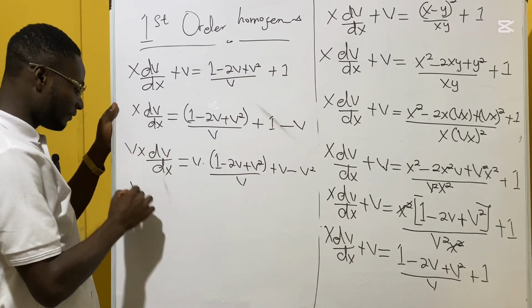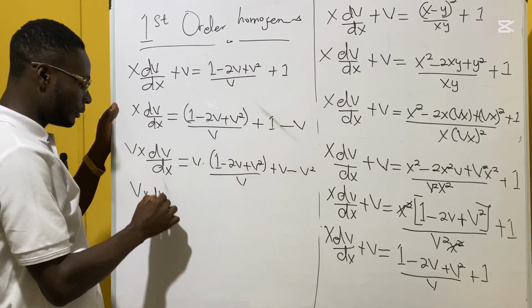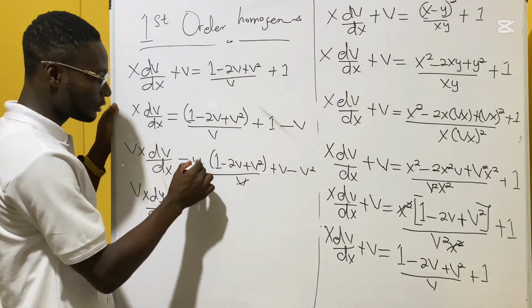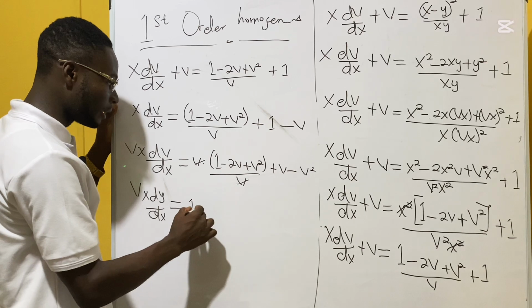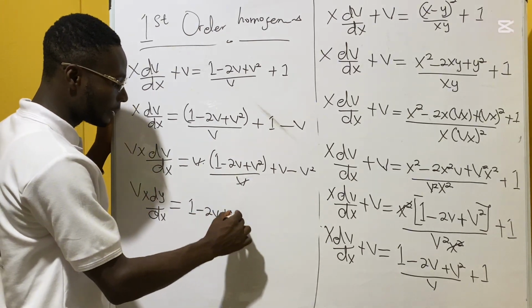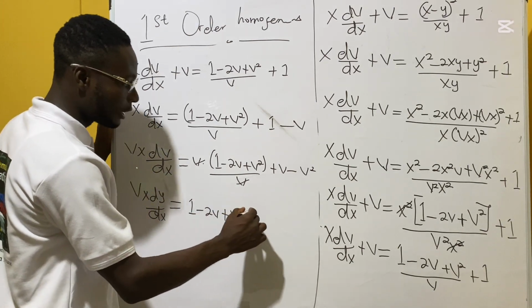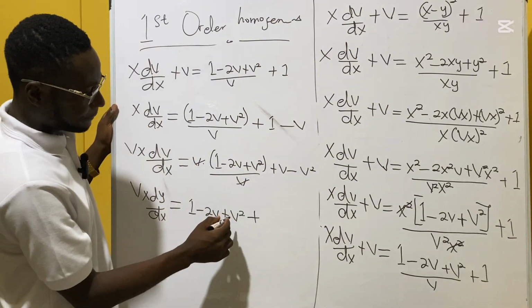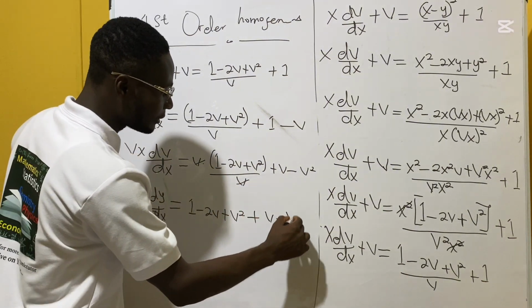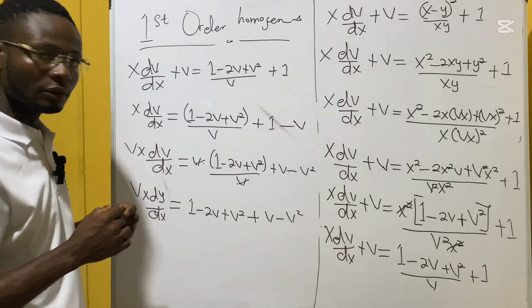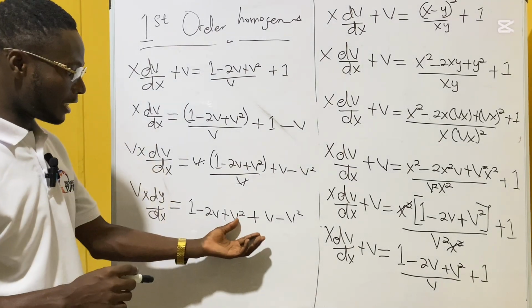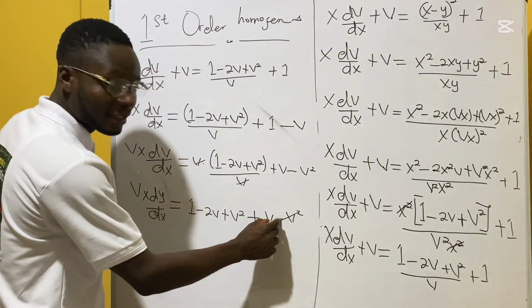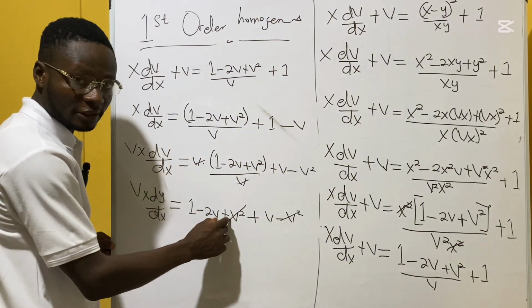So we have vx dv over dx should be equal to 1 minus 2v plus v squared, plus v minus v squared. Okay, so now we have a linear expression.